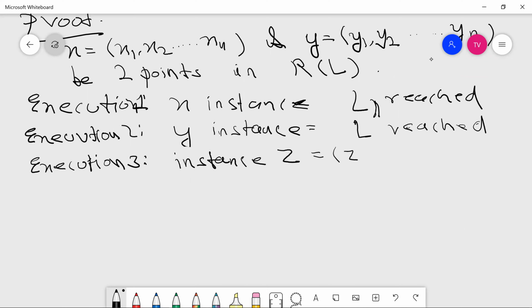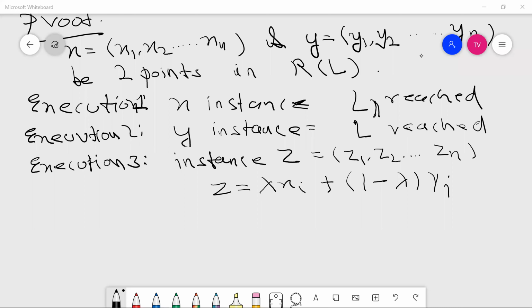So let Z be Z1, Z2 to Zn, and we define Z as lambda of xi plus 1 minus lambda of yi, and the assumption is that lambda lies between 0 and 1, implying that Z is on a straight line xy.